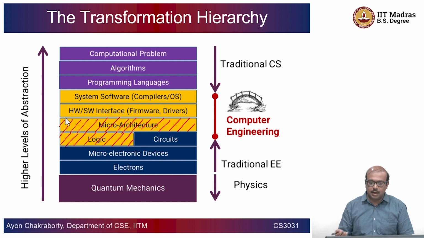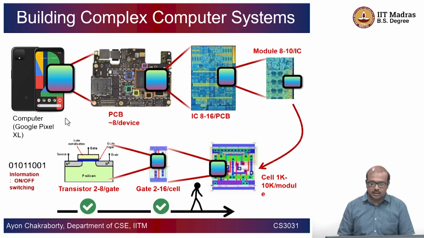So this is just a recap from the previous lectures. Again, this is another image borrowed from the previous lecture. Here, this is more of the transformation hierarchy in action. Here we could see that starting from a simple gate which could consist of a few transistors, we went all the way to a very complicated computing system like a smartphone.